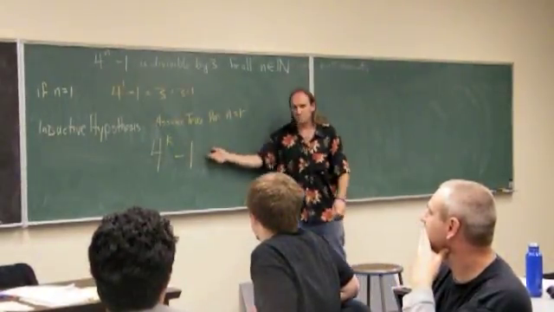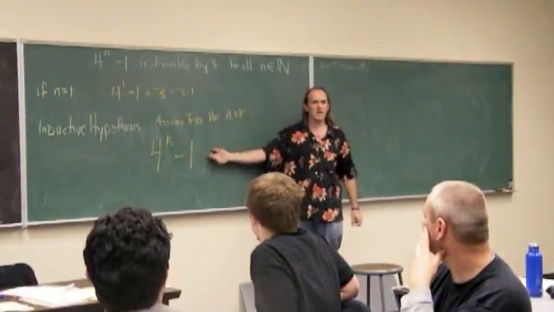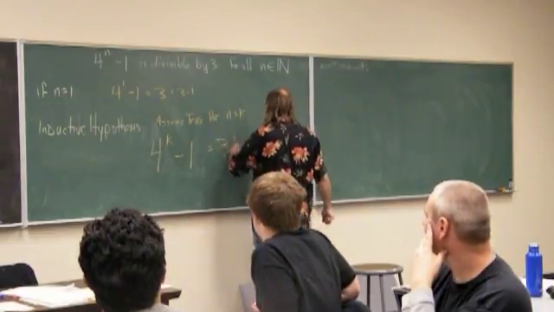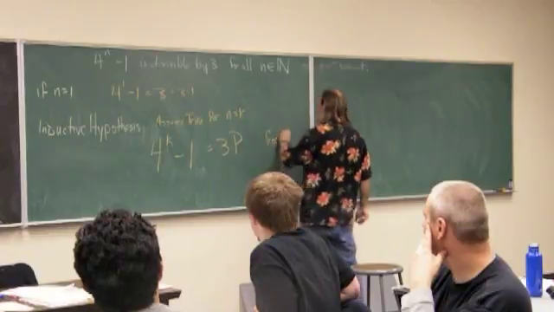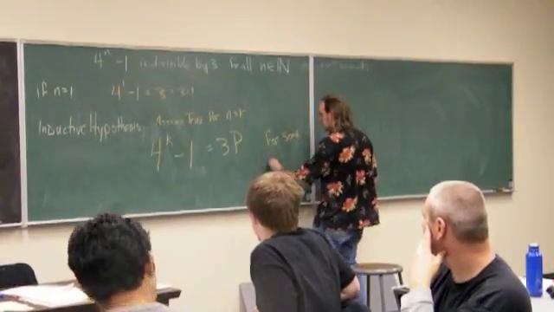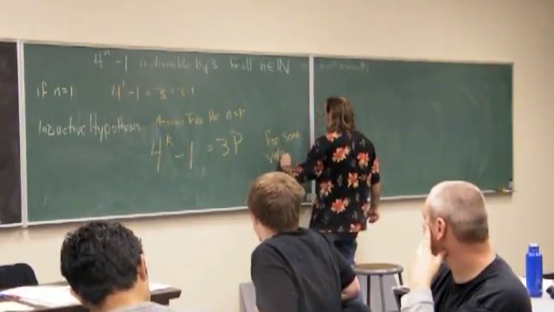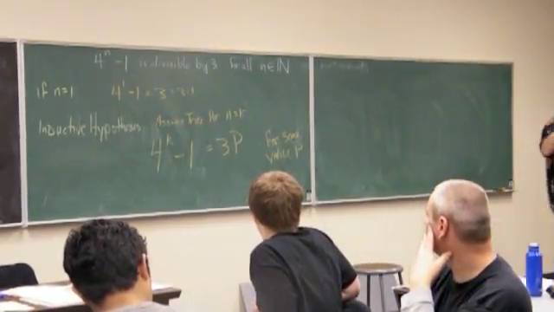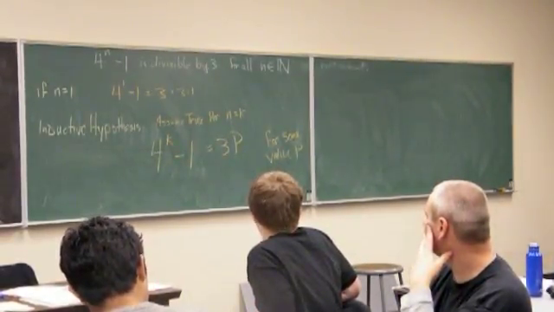So instead of saying 4 to the k minus 1 equals 3k, what would you say? It equals 3 times some number. I'm just not going to call it k, I'm just not going to call it n.